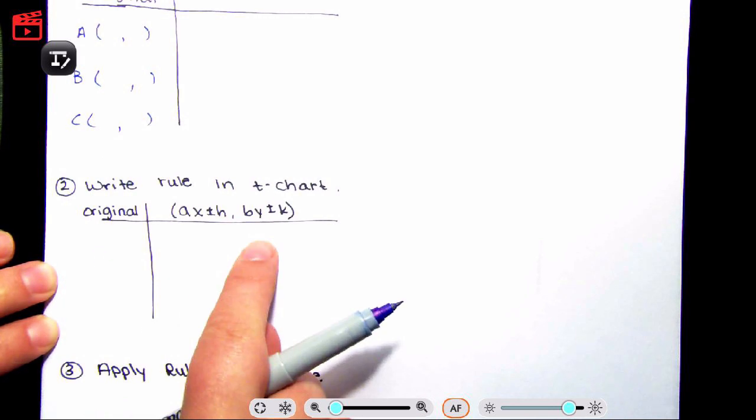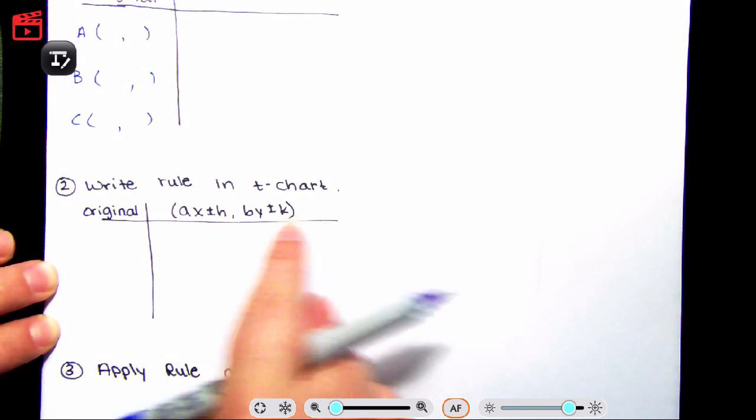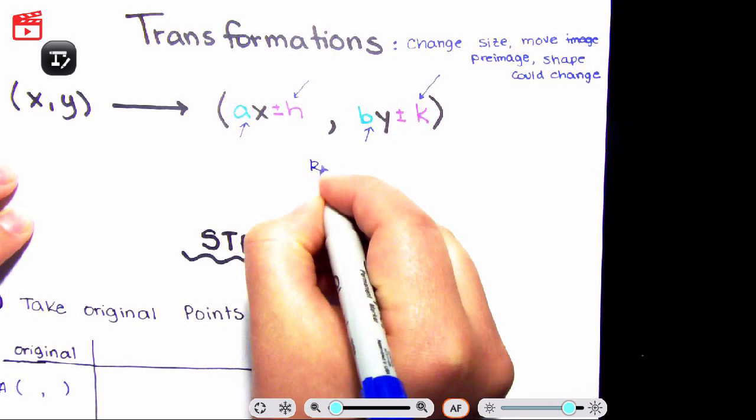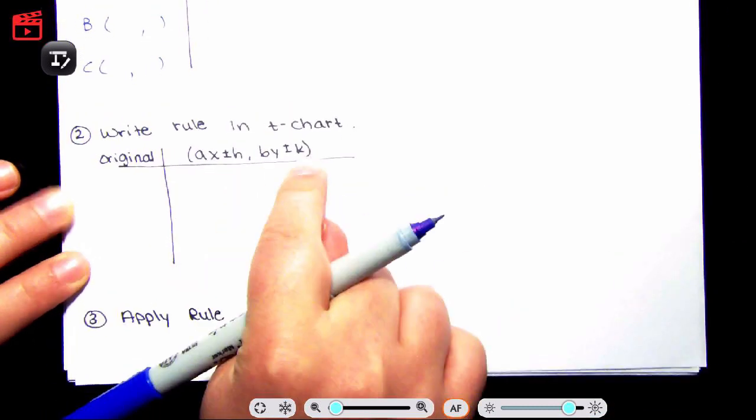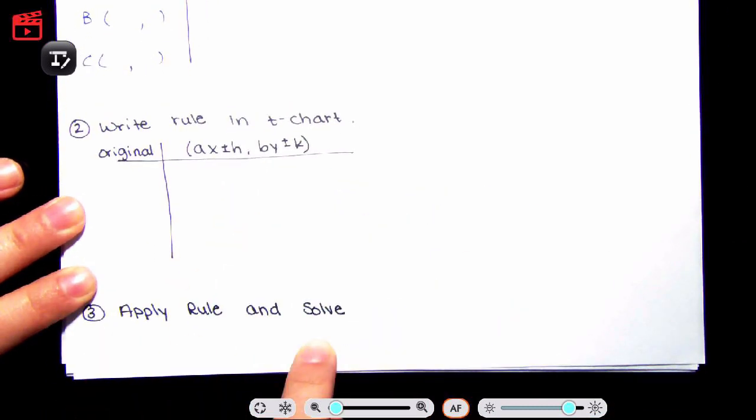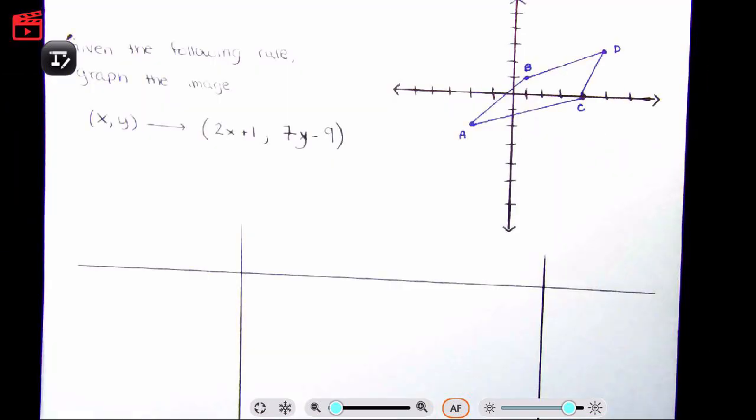And then on here, you're going to write your rule, whatever the rule is. Whatever they give you for the rule, that's what you're going to be writing. You're going to write your rule in the T-chart. You're going to apply the rule and solve. And I'll show you how that looks in just a little bit with an example.